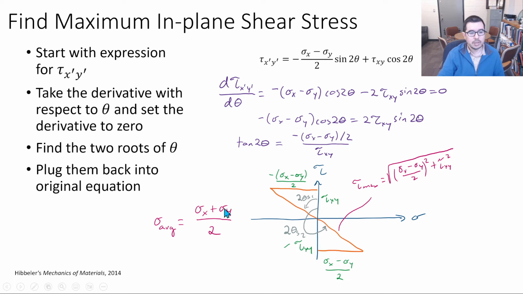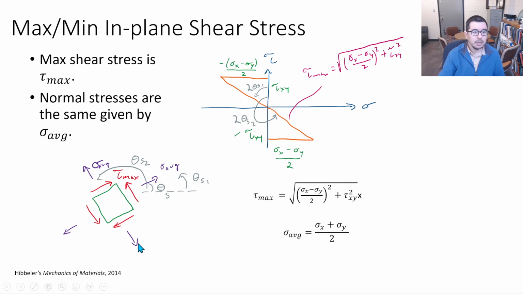Here you can see that if sigma x and sigma y are additive inverses of each other, then you can have a situation of pure shear where you have a maximum shear stress but no normal stress. So here are the expressions again in a tidier form for you to use, and of course put on your formula sheet or note sheet for the next exam.